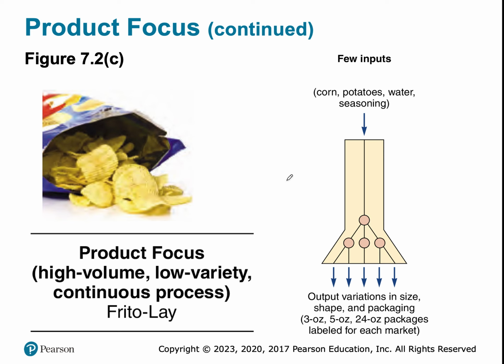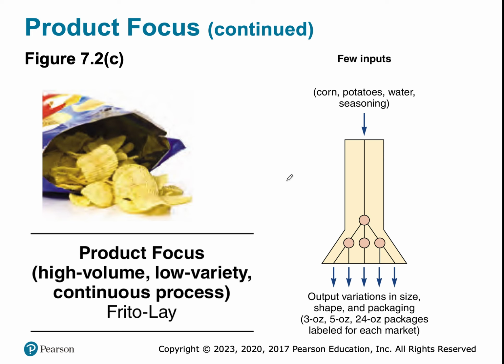When you're producing chips, it's about product focus. You have to focus on the product. Here you have high volume and no variety because there are no differences in the variations of the product. You're making chips, and you're making high volume chips. So here you're focusing on the product.